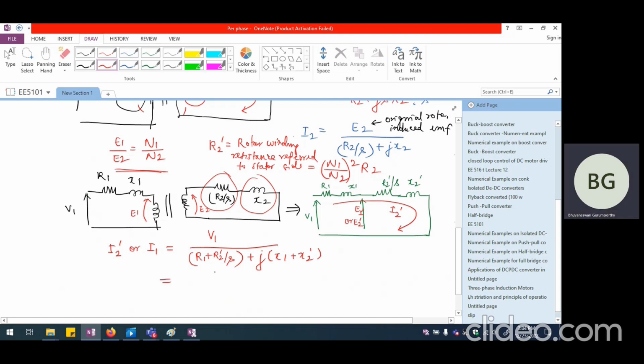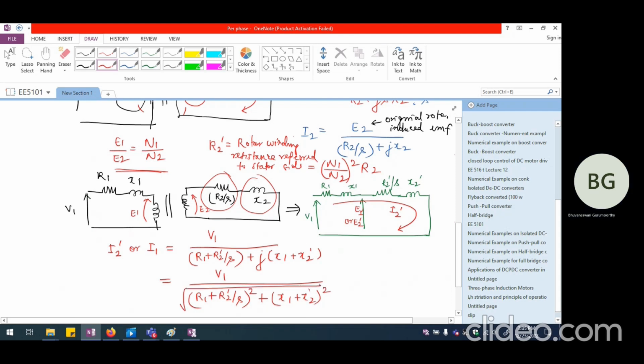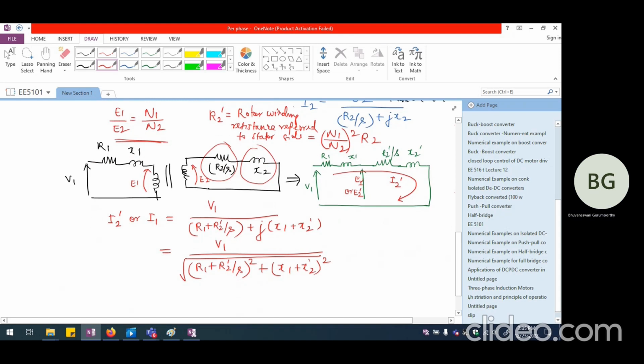So I can write this as V1 divided by the square root of R1 plus R2 dash by S the whole square plus X1 plus X2 dash the whole square. So this is going to be I2 dash or I1.